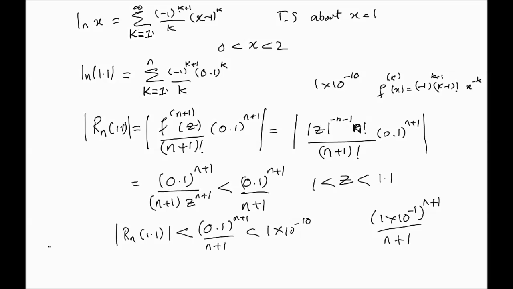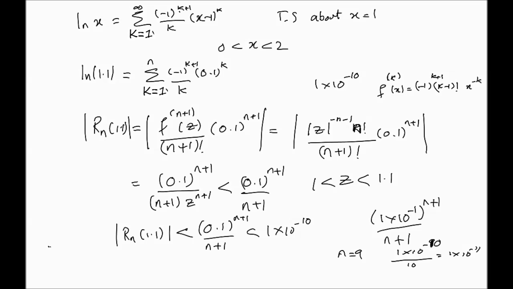So think about it. If I let n be 9, I'm going to get 1 times 10 to the minus 10, divided by 10, which is 1 times 10 to the minus 11, which is smaller than 1 times 10 to the minus 10.